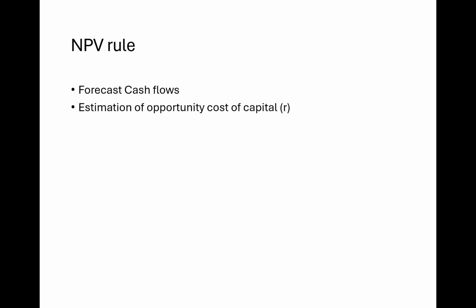So if we apply the net present value rule, we must first be able to forecast the cash flows from a project. We also must be able to estimate the opportunity cost of capital, or the available option that is the next best option to the project that will generate some return R. And then finally, we can compute the present value and the net present value after due consideration of the setup cost.